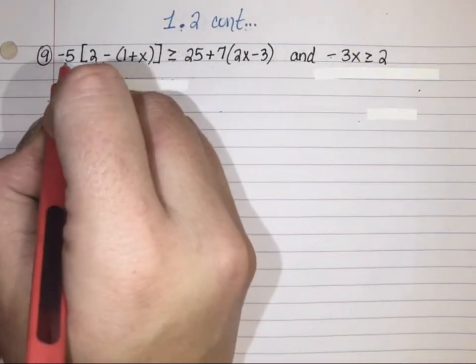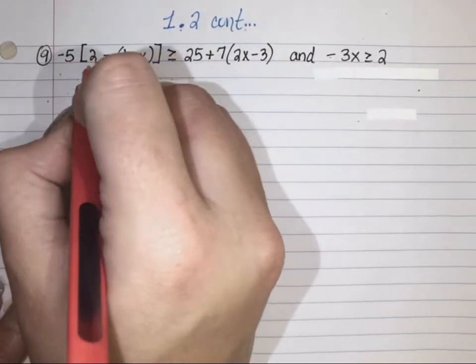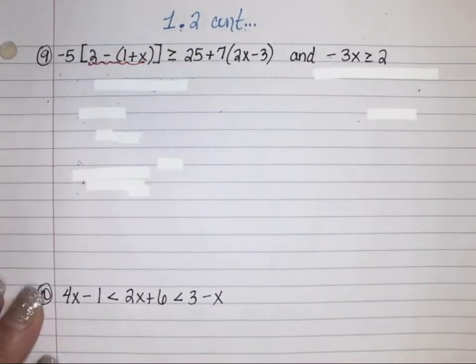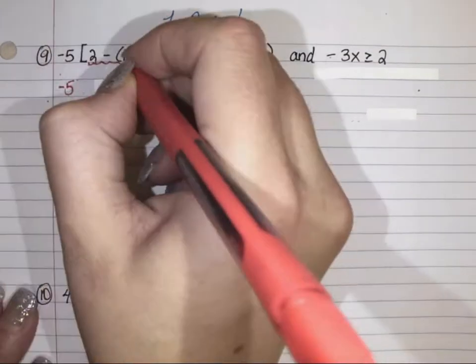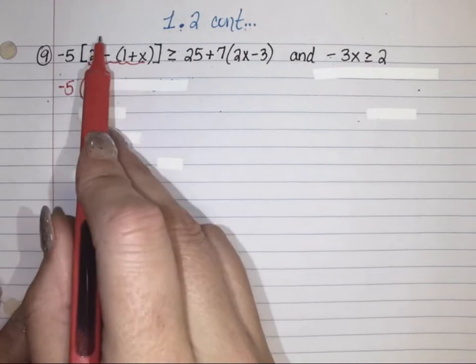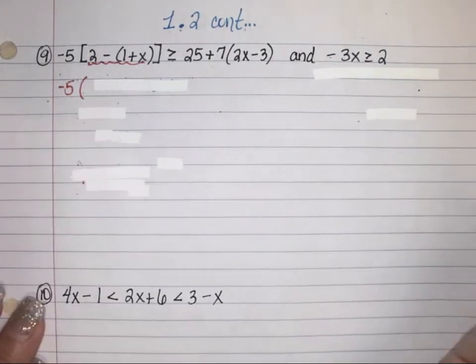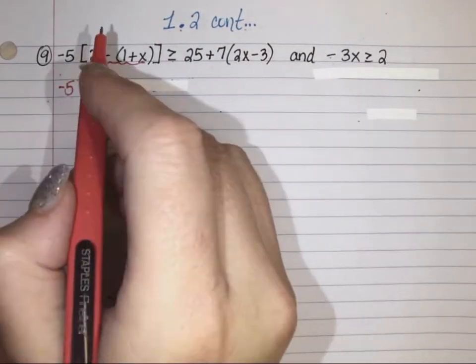Okay, let's use the order of operations, and we need to clear out brackets and parentheses first. So let's look at what's inside. Bring down negative 5. Since we're going to go ahead and clean up what's inside, let's make these brackets become parentheses. And then we have 2 minus 1, which is going to create 1.